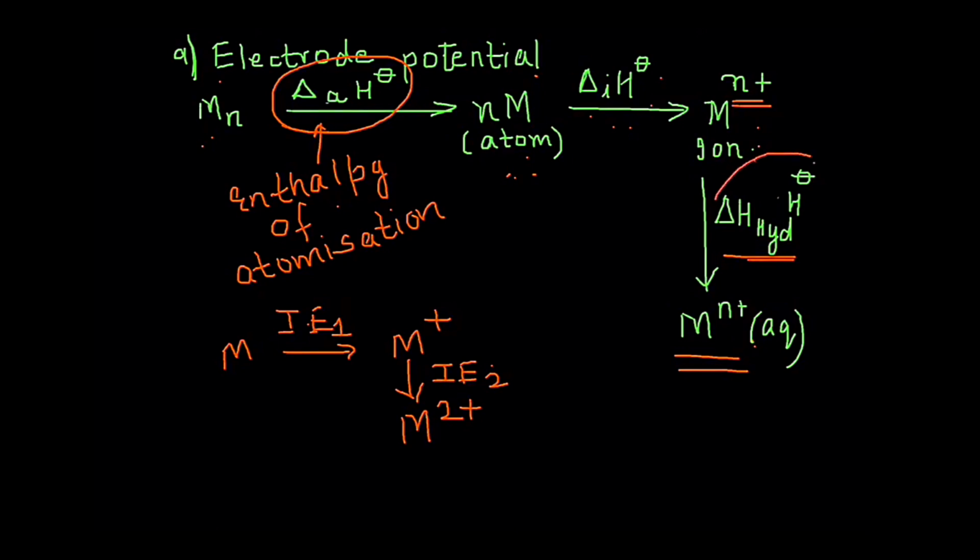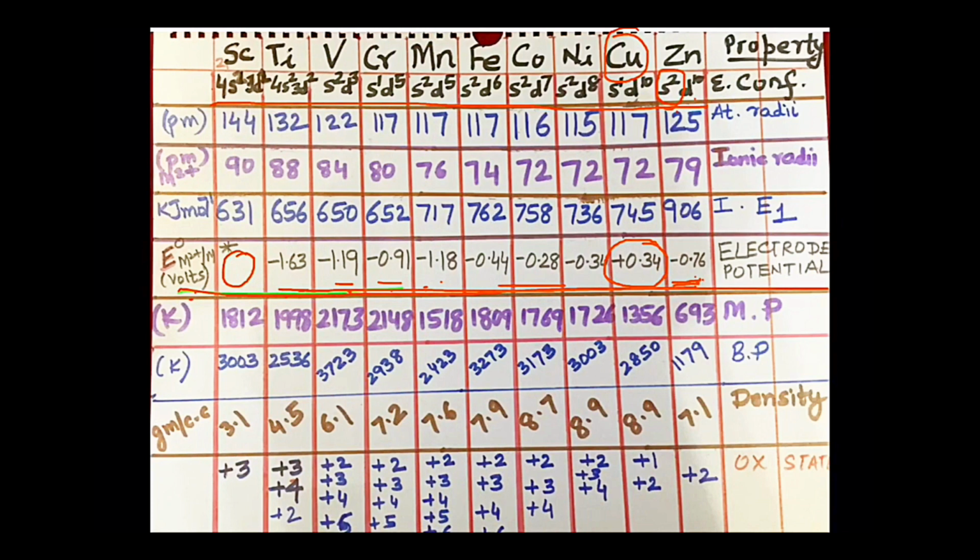Now, if this energy is sufficient enough to cover the enthalpy of sublimation and the enthalpy of ionization, then the total energy change will be good enough to carry the reaction in the forward direction, which we notice is lacking in the case of copper, right? That is why it is giving us a positive value.